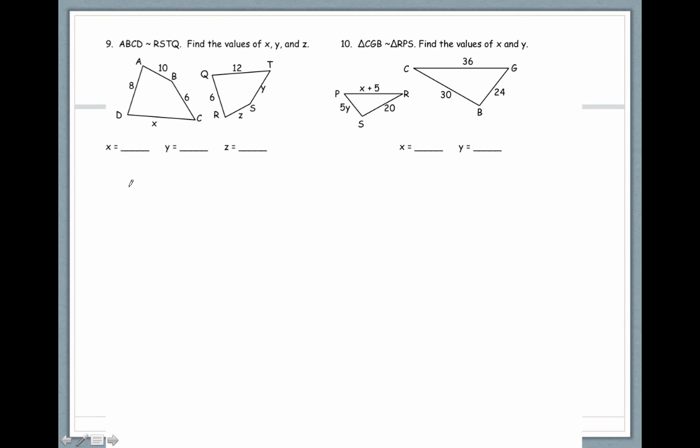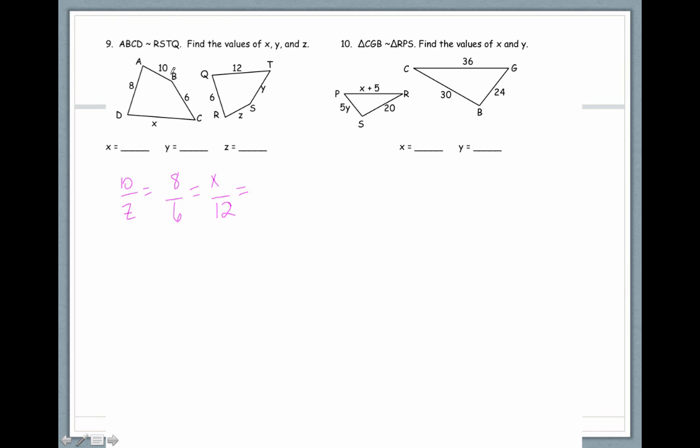Okay, so we are told now that ABCD and RSTQ are similar quadrilaterals. So we know that AB, which is 10, over RS, which is Z, is equal to AD, which is 8, over RQ, which is 6, and is also equal to DC, which is X, over TQ, which is 12, and also equal to, what have I missed?